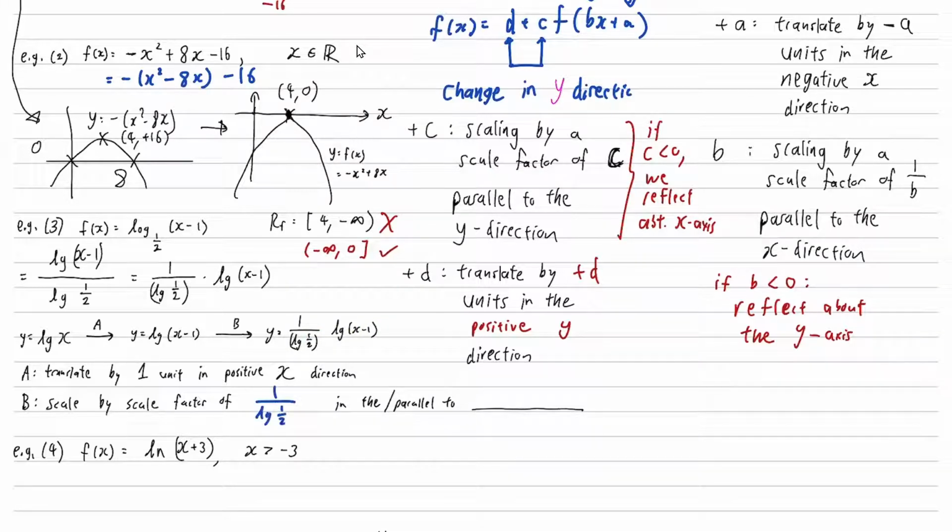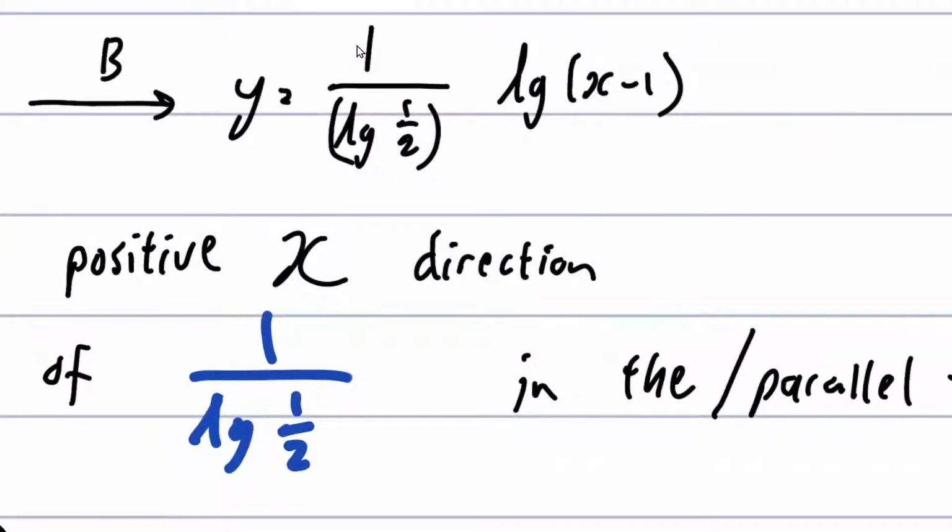Can you quickly type in a calculator for me what is 1 over lg half? Negative 3.3219. Yeah, so the decimals don't really matter. The emphasis here should be the -3. What happens when there's a negative?